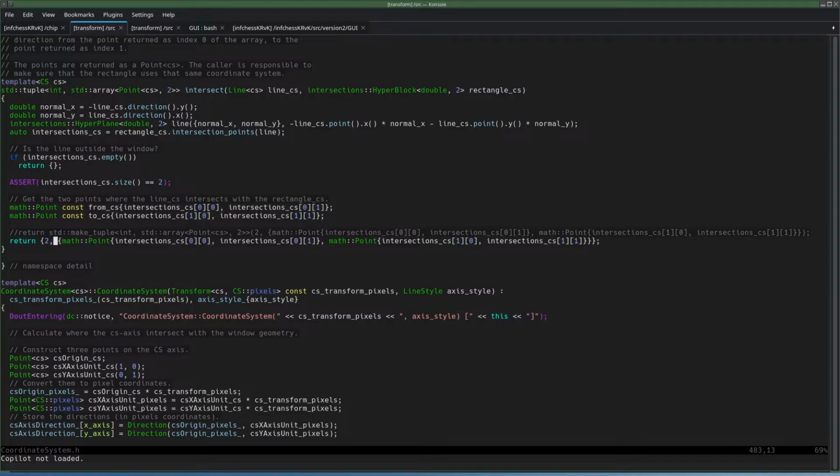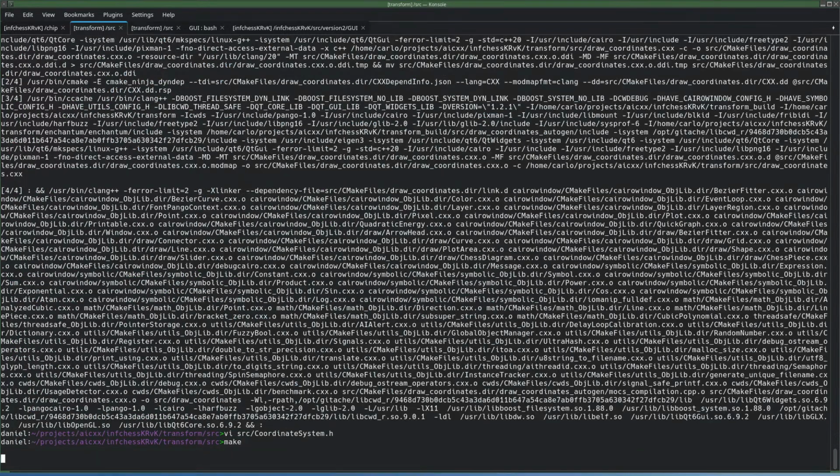Now, if I remove the math point as well, it becomes more interesting. Then I might need make tuple. I mean, first of all, if I remove it and replace it with the actual type, namely the point.cs, I think that the point template just inherits all the constructors from the base class math point. So this should be exactly the same.